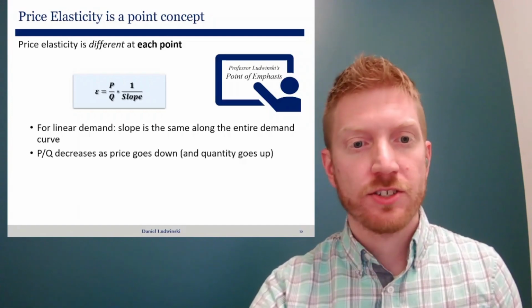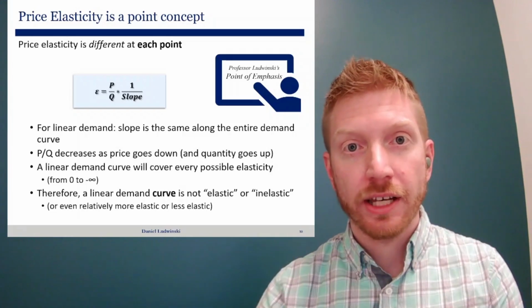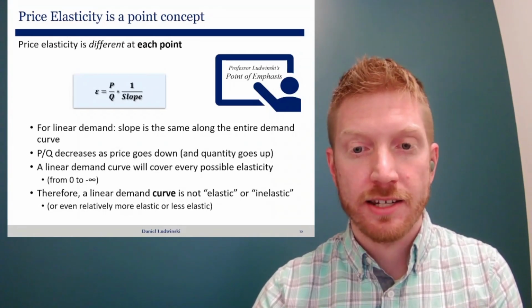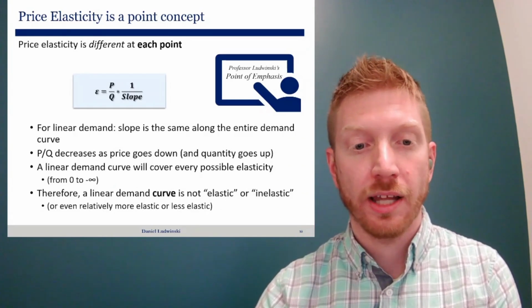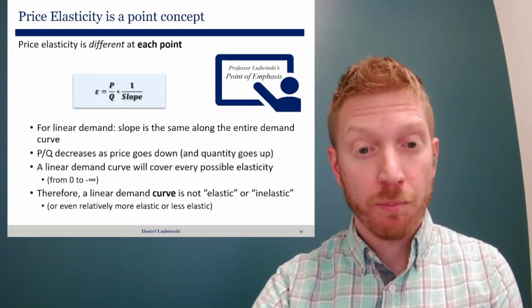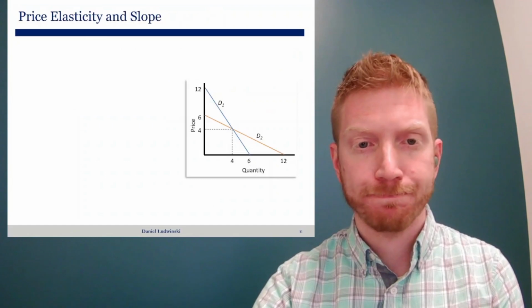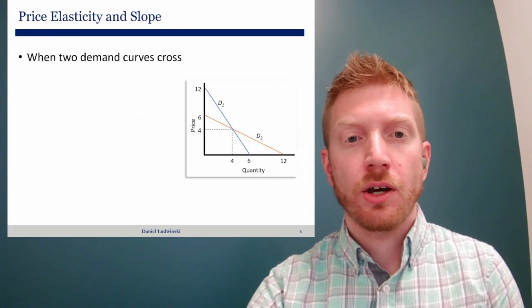Right? Here we can see slope is the same. And in fact, for a given linear demand curve, it covers every possible elasticity. So we don't talk about curves as being inelastic or elastic, though at particular points they can be relatively more or less elastic.